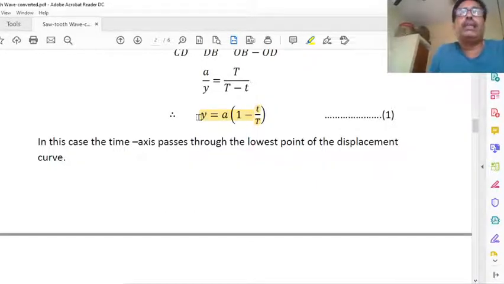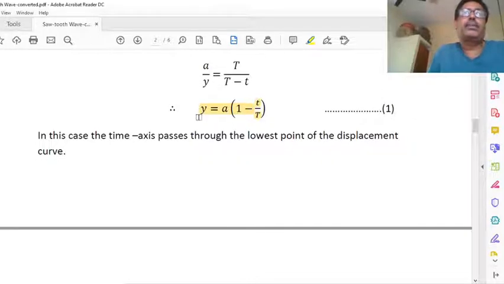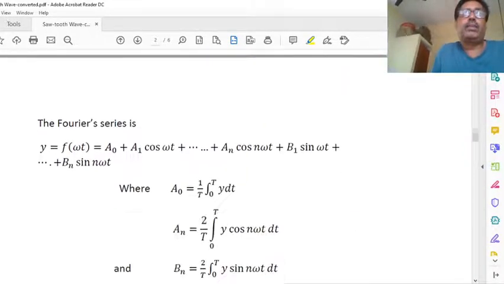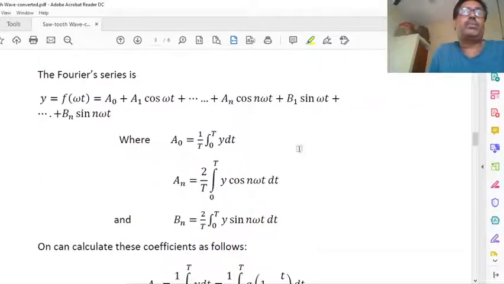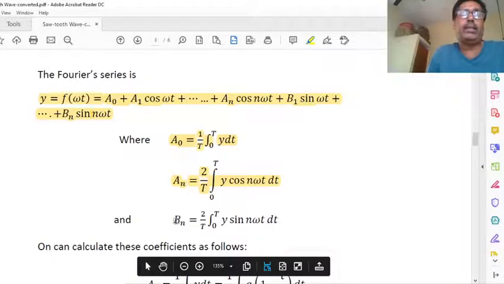So once we get Y, we can use it in the next calculation. As we discussed in the previous video about Fourier's theorem, y is equal to this, and in that video we found the values of a0, an, and bn.